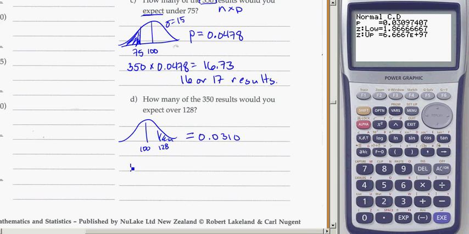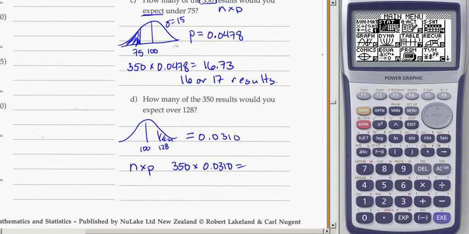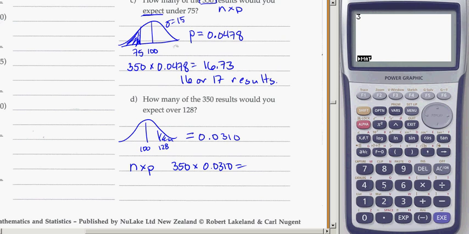And again, expected value, n times p. So 350 times 0.0310. And we get 10.85. So 10 or 11 results.